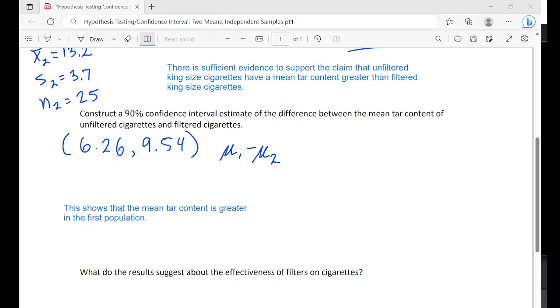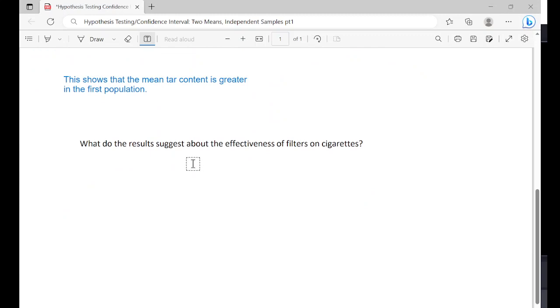Now for the last part, it's asking us, what do the results suggest about the effectiveness of filters on cigarettes? Well, from our two things we did before, the test and the interval, we showed that the filtered cigarettes had less tar content.